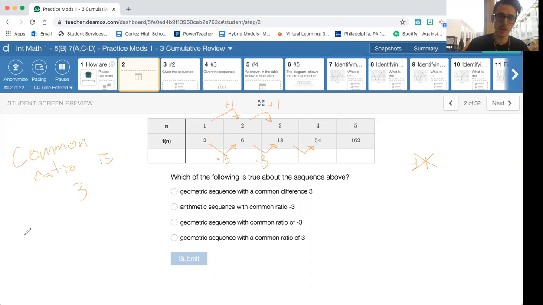And since we're multiplying, remember, we've been saying that real G's multiply their money, meaning we're talking about a geometric sequence. So the only option that makes sense here is this one, geometric sequence with a common ratio of 3. Click that and move on with your life and submit it. Done.